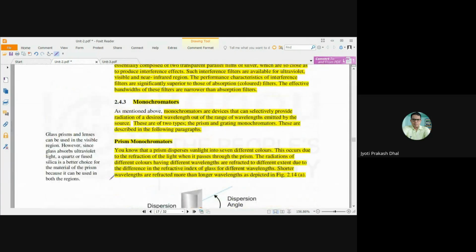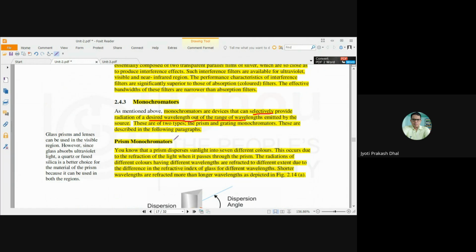Now coming to monochromator. A monochromator is a device that can selectively provide radiation of a desired wavelength out of the range of wavelengths emitted by the source. From the source, electromagnetic radiation of a particular range will come, and when that passes through the monochromator, it changes into electromagnetic radiation of a particular wavelength.